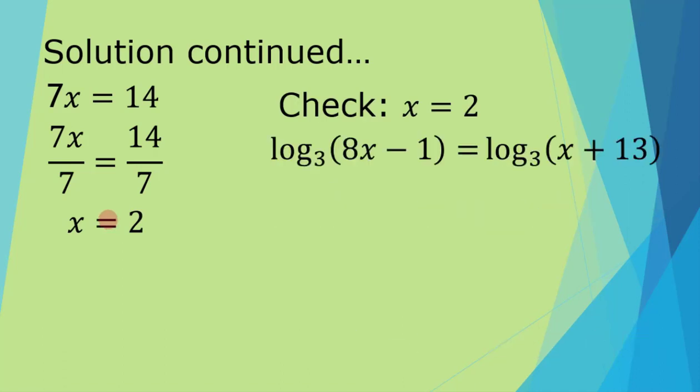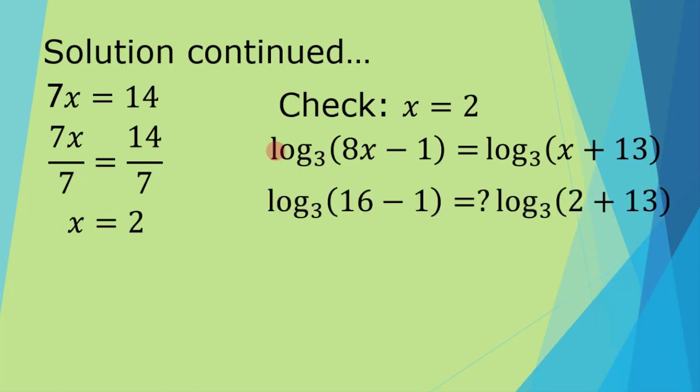Then, checking if x equals 2 is really a solution, we move back to the original logarithmic equation. Substitute x equals 2. So we have log of 16 minus 1 to the base 3. Is it equal to log of 2 plus 13 to the base 3?